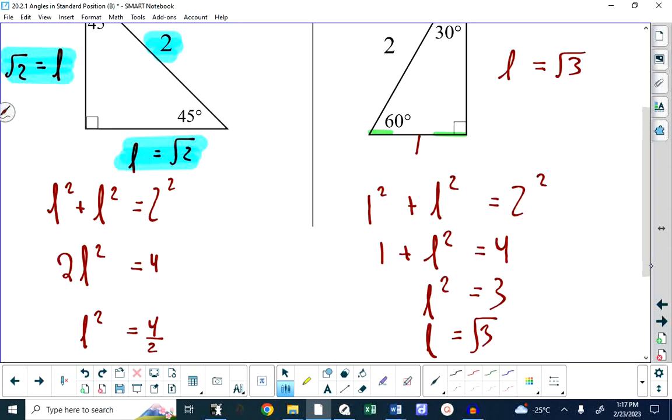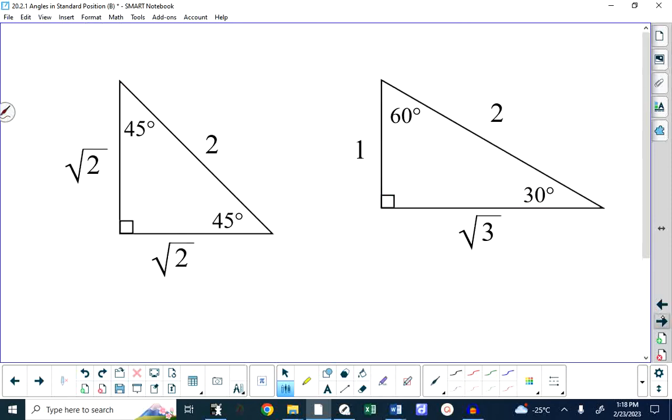Listen, when it comes down to it, what I'm saying is you need to know these 2 triangles. If you have a photographic memory, if you're able to memorize things, which I don't think is always the best way to learn in math, I think it's better to understand, and you can memorize those, that's great.